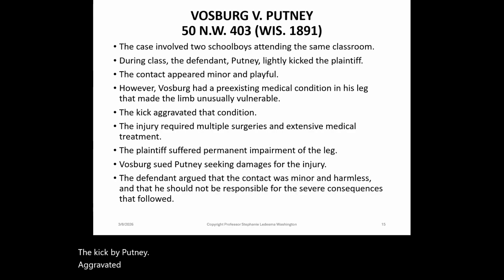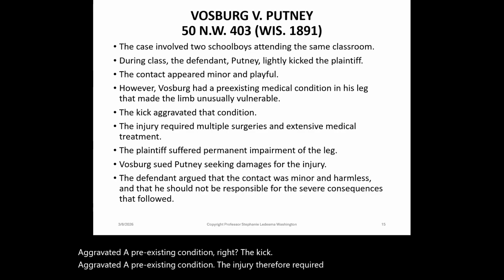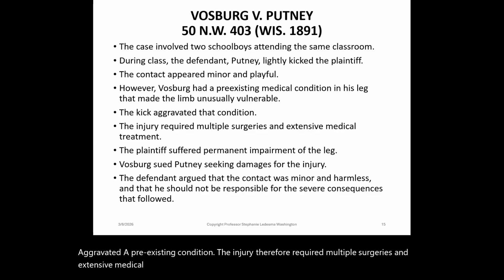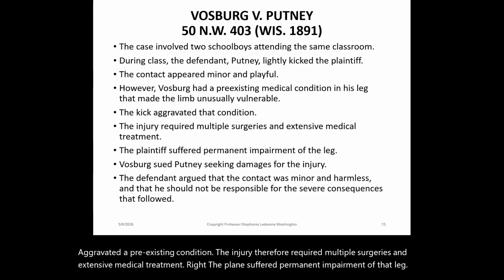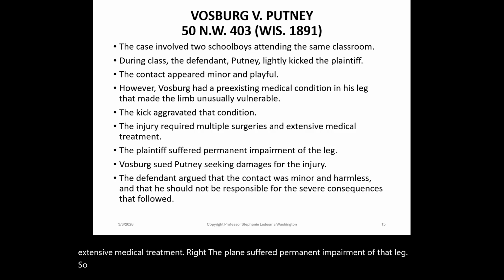The kick by Putney aggravated a pre-existing condition, right? The injury, therefore, required multiple surgeries and extensive medical treatment, right? The plaintiff suffered permanent impairment of that leg. So the parents for Vosburgh sue the parents for Putney.